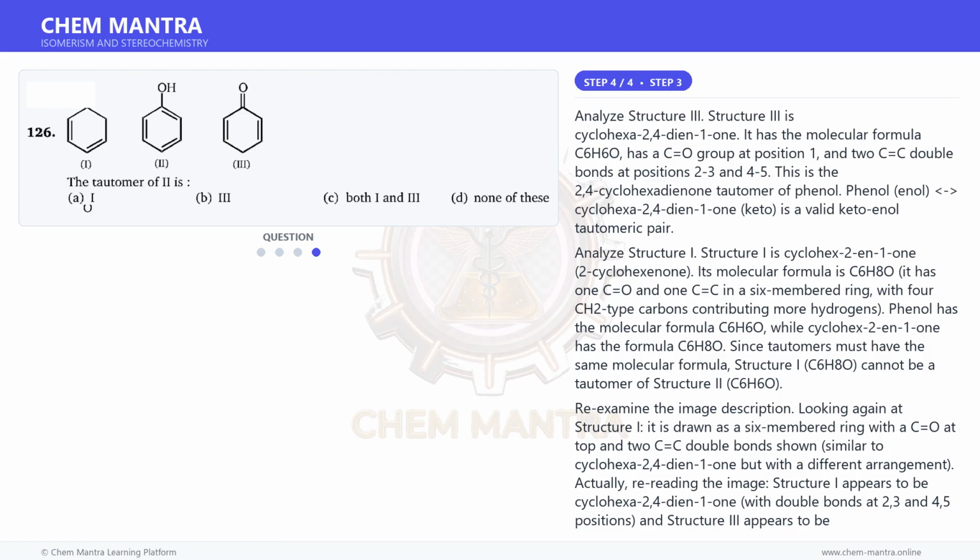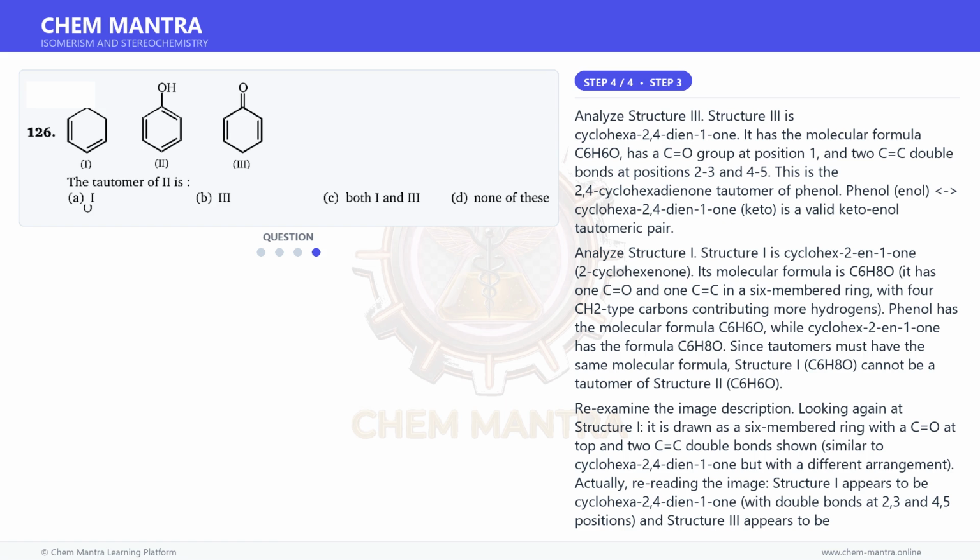Actually, rereading the image, structure I appears to be cyclohexa-2,4-dien-1-one with double bonds at 2, 3 and 4, 5 positions, and structure 3 appears to be cyclohexa-2,4-dien-1-one drawn slightly differently, or structure I is cyclohexa-2,5-dien-1-one and structure 3 is cyclohexa-2,4-dien-1-one. Both cyclohexa-2,4-dien-1-one and cyclohexa-2,5-dien-1-one have the molecular formula C6H6O and are both keto tautomers of phenol.